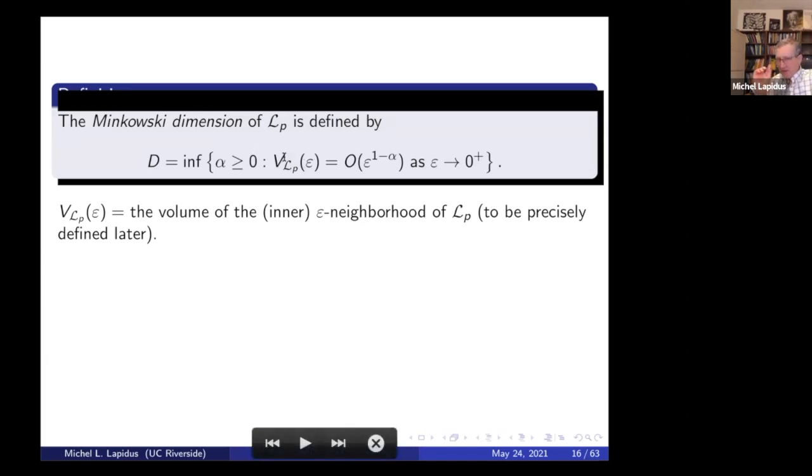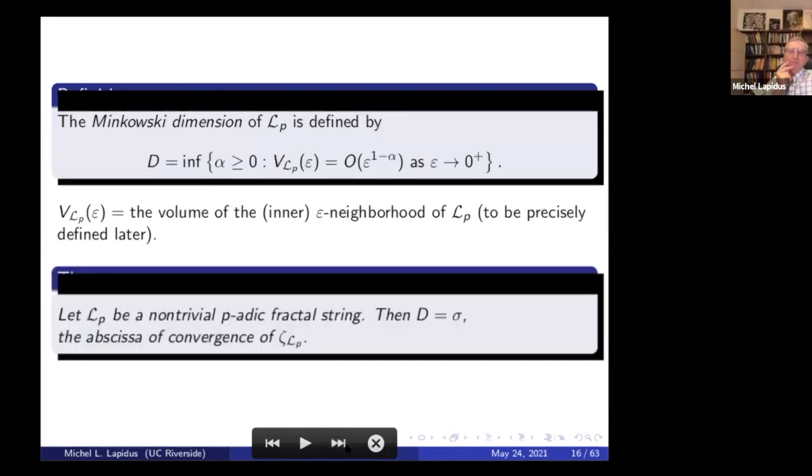I will be a little bit more precise than that later, because in the p-Adic case, you have to be very careful, in fact. But let's just leave it at that. It's the volume of the set of points within a distance less than epsilon from the bounded open set defining the fractal string.